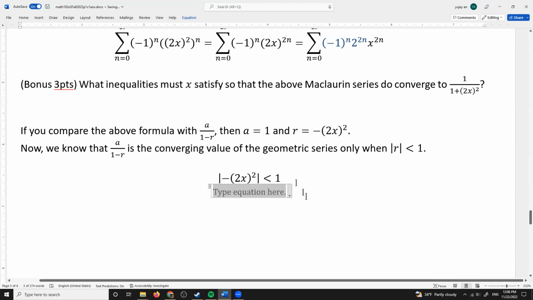But wait, 2x squared is a positive number, so negative 2x squared is a negative number. If you take the absolute value, you just get the positive portion. Right? So this is what you're saying.